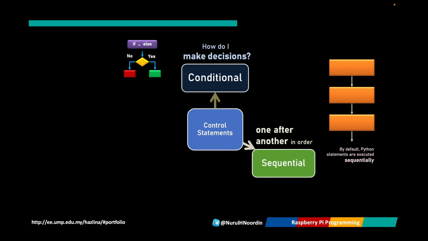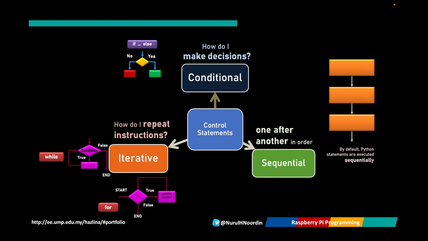Conditional statements like if-else help us make decisions in our code. If a button is pressed, we can turn on an LED. This technique is useful for interactive projects like smart home automation systems. Learning to handle this effectively enables more complex interactions between hardware and software.